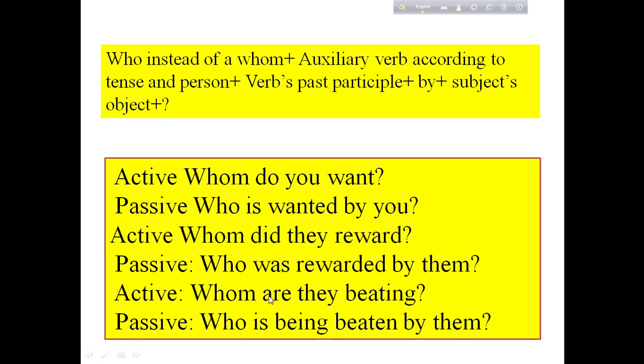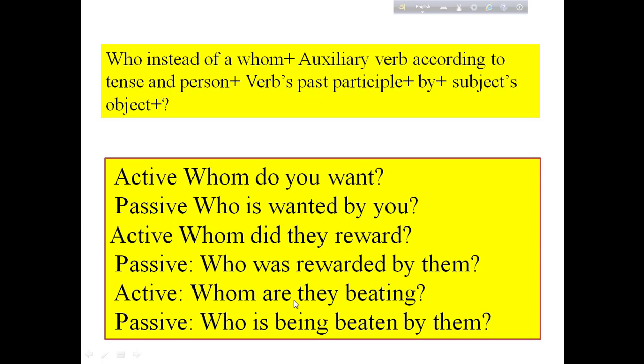Another example: whom are they beating? Likewise, you have to write who instead of whom, then the auxiliary verb according to tense and person. Then you have to write being instead of ing, because being is the symbol of continuous tense.